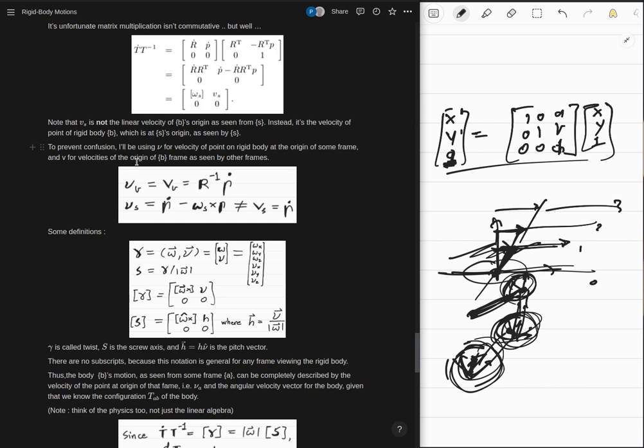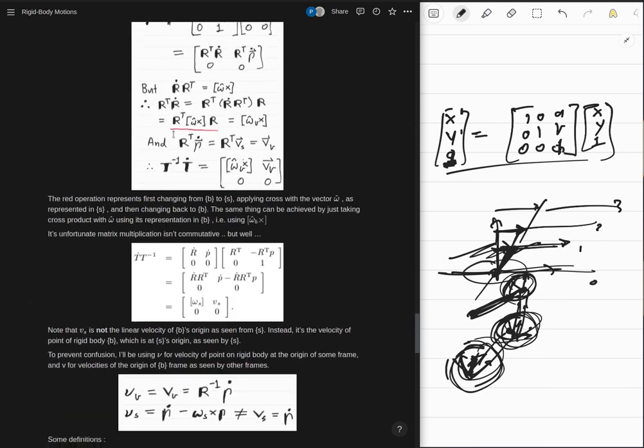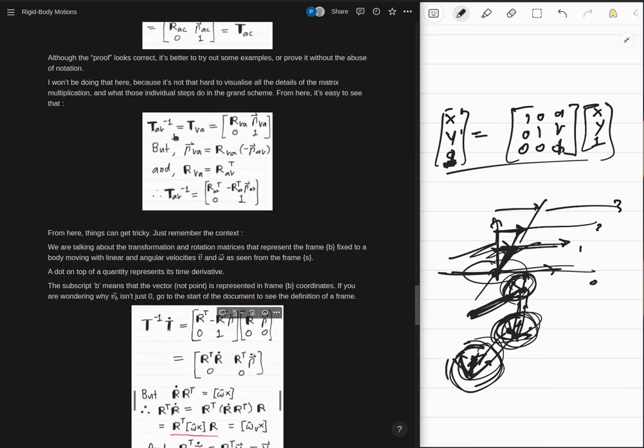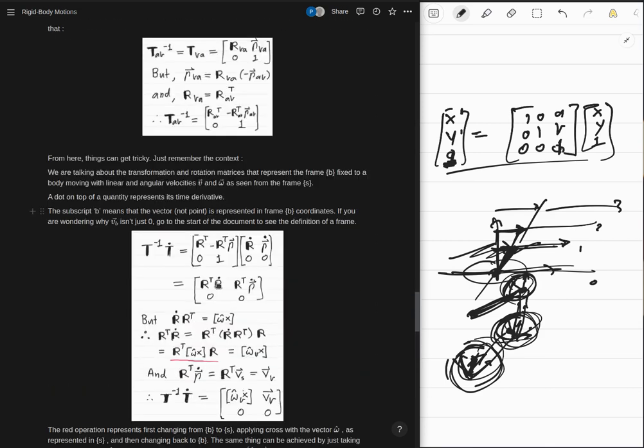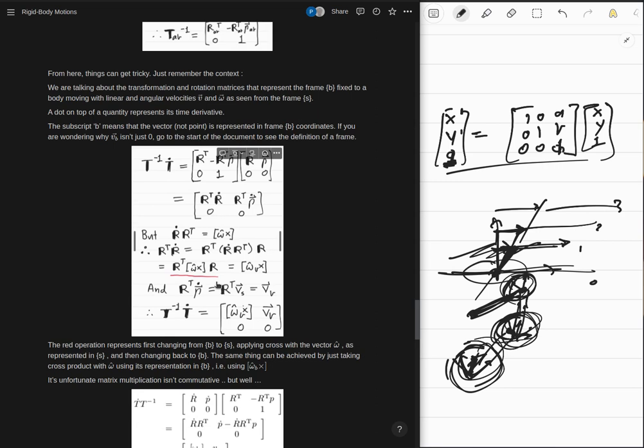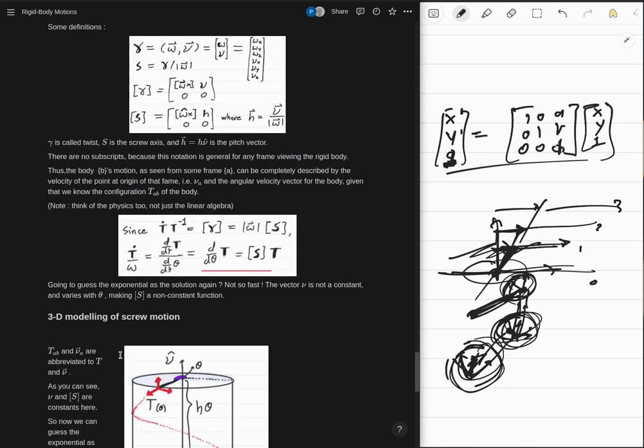I should not be explaining this because it's not important. So there's twists and screws and whatnot, and you actually don't need all this. Really, you don't. From here, everything is basically the harder part and also the not so useful part, because this is used to represent screw motion only, and otherwise it's not all that useful.